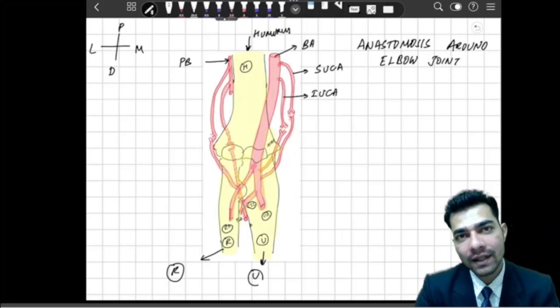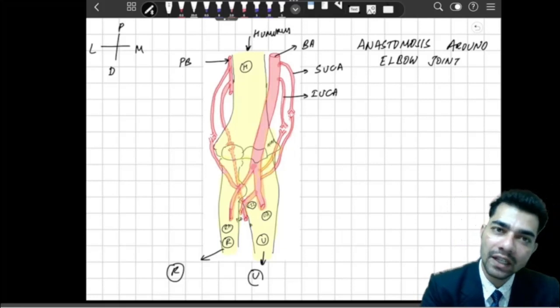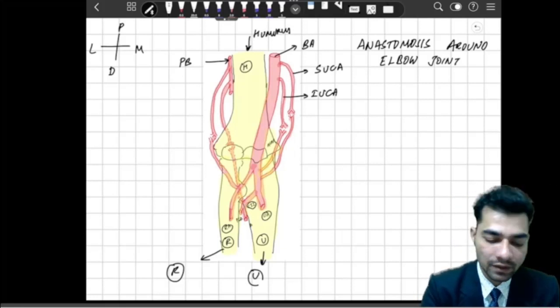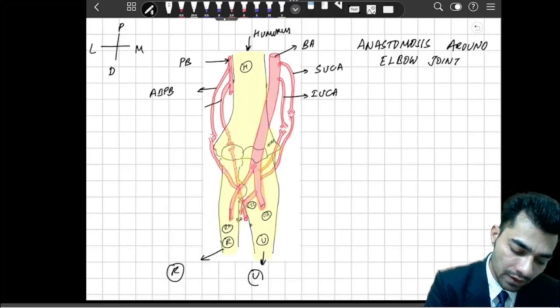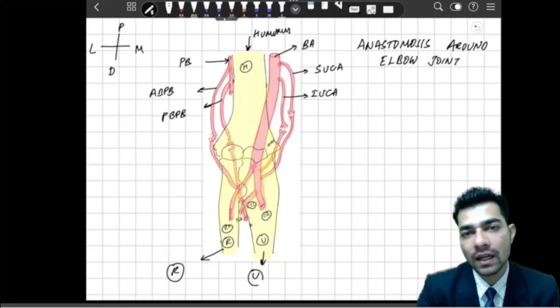On the lateral aspect, the profunda brachii artery will give two branches, that is the anterior branch of profunda brachii artery and the posterior branch of profunda brachii artery.